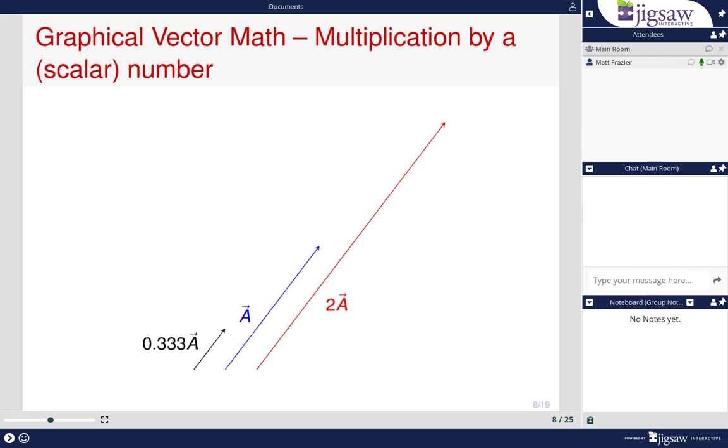And all the number does is multiply the length. It makes it longer or shorter. And here we multiply by a third. It makes it a third of the length. And so these numbers that we're multiplying by, all they do is scale the vector. And that's why they're called scalars. They scale the vector. So we can take vectors and stretch them in the directions we want to.